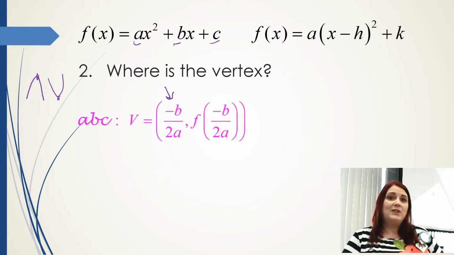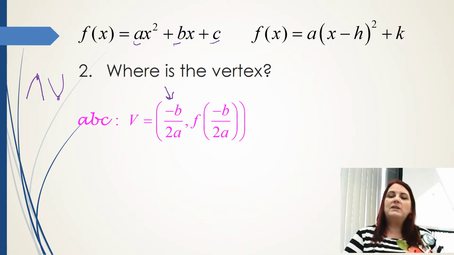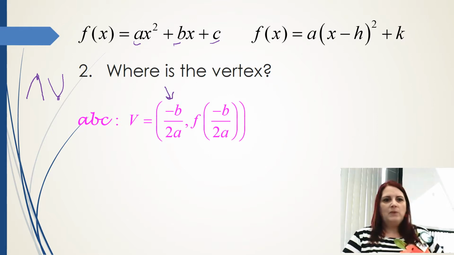This is actually a little teeny part of the quadratic formula, where we use the discriminant for something else. This is the part that's not the discriminant. Once we find the x value for that, we're going to put that value into the function and solve for f of x. That's why it says f of negative b over 2a.